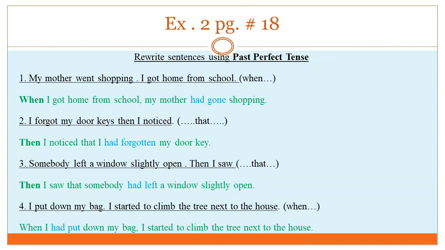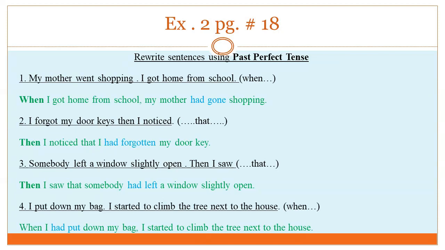Come to sentence number 2. I forgot my door keys, then I noticed. Which event happened later? The conjunction then tells us that I noticed happened later. And the event that happened first is I forgot my door keys. In the brackets you can see we are given a pattern: dots, then that, then dots.